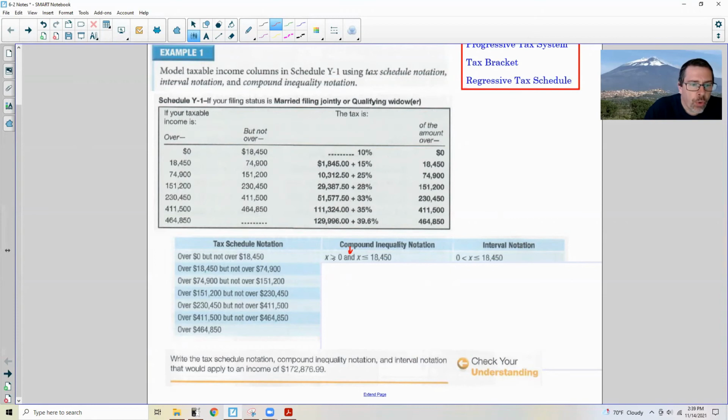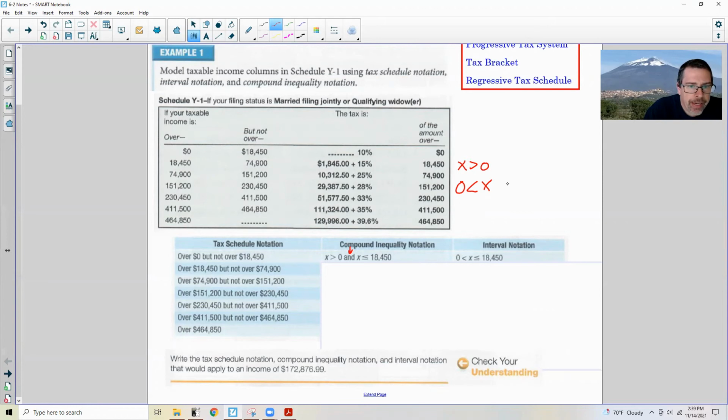Putting these in the proper order, so putting x in the middle. x is greater than 0 is the same as flipping it around and saying 0 is less than x. Okay, these mean the same thing.